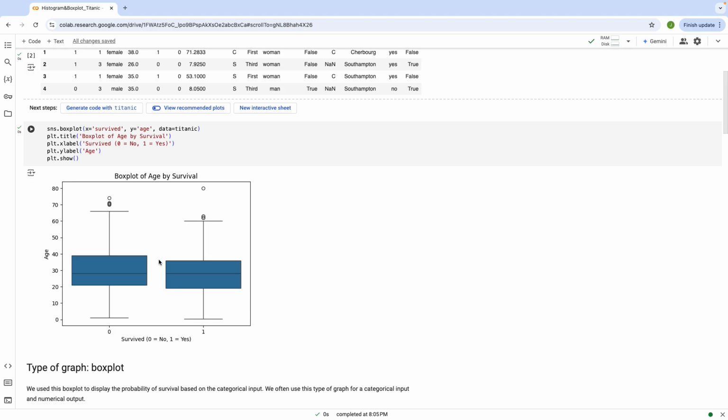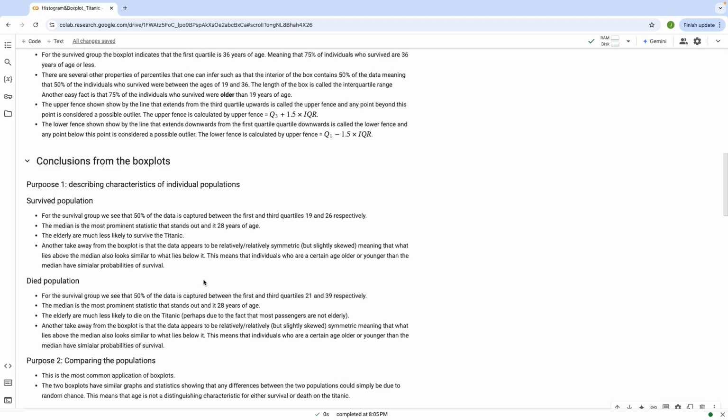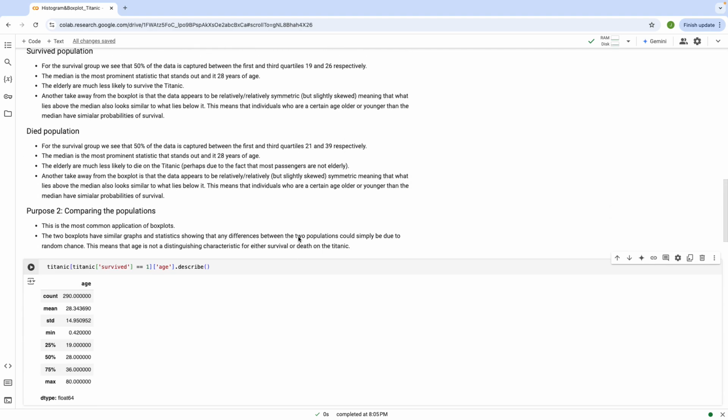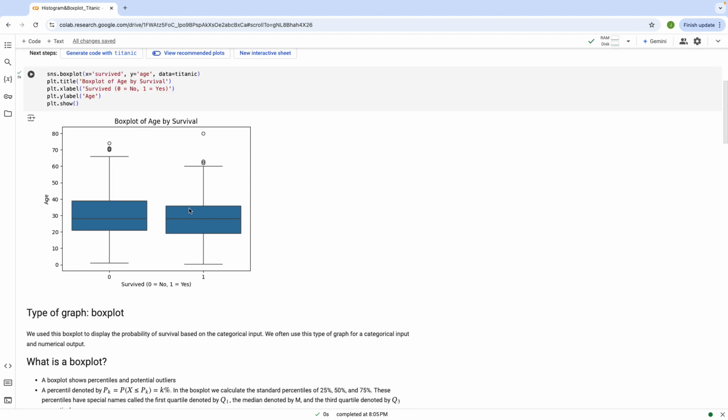That means that 75% of the individuals have this value or less, and I'll need to check what that value is. It's 36. So 36 is the third quartile, meaning that 75% of the individuals are less than 36 years of age. That also means that 25% of individuals were older than 36.